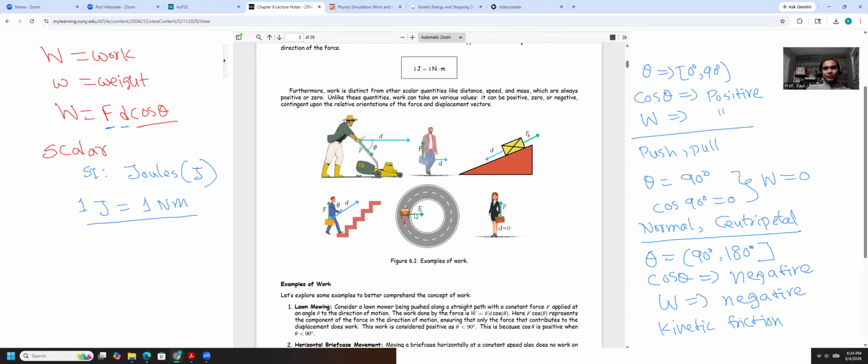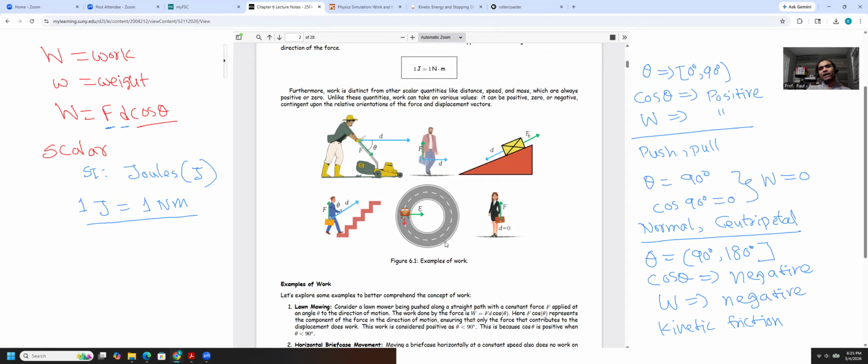And then here you see the centripetal force. Centripetal force is always toward the center, right? And then the direction of motion is tangent, this red line. The red and green are always perpendicular to each other.